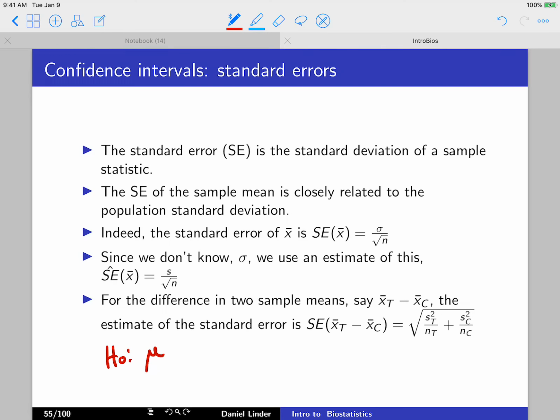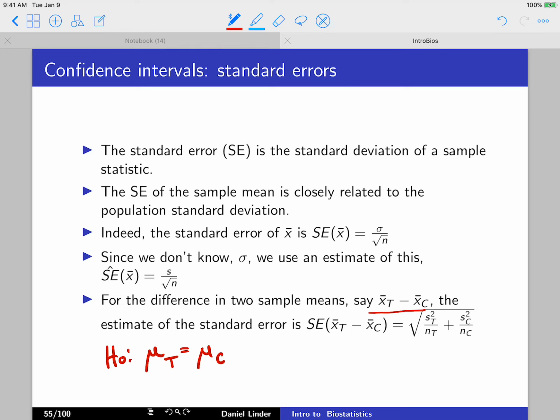Where we're trying to see whether or not the mean in a treatment group is equal to the mean in a control group. And you can probably already guess, at least as a very first step, how you would go about assessing that. Well, naturally, you'd look at the difference in the two sample means, right?